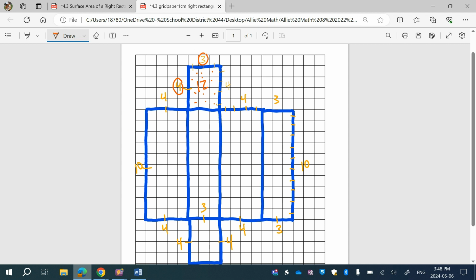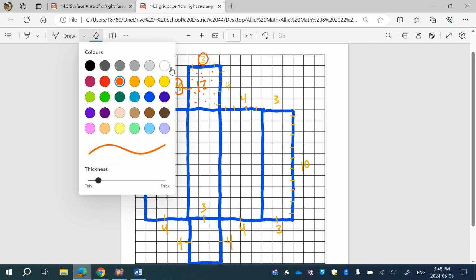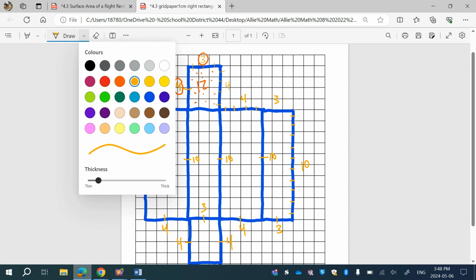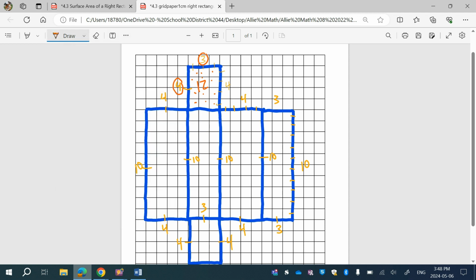Let's do this one. Looks like we have 4 by, I didn't write that down, but this one is a 10 as well. These are all 10s. So this one right here is going to be 4 times 10, so 40. This one here is 3 times 10, so there's 30 in here.